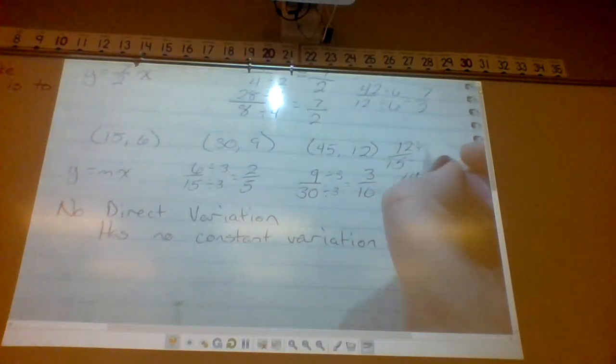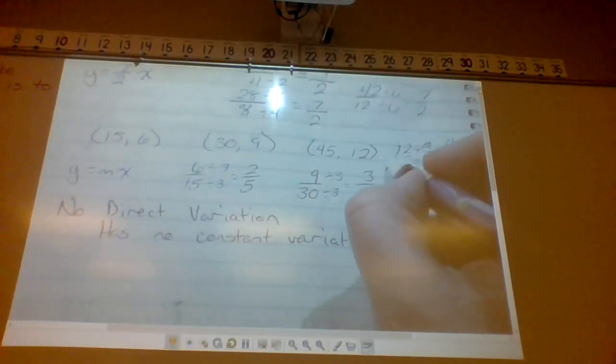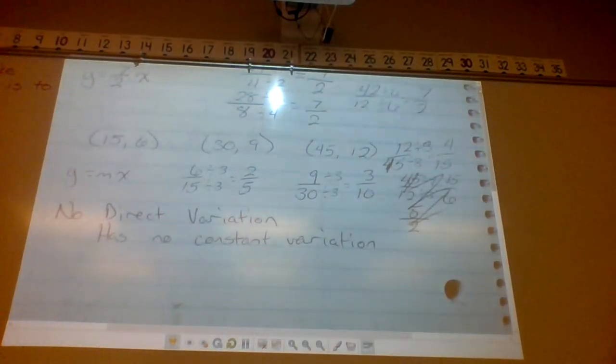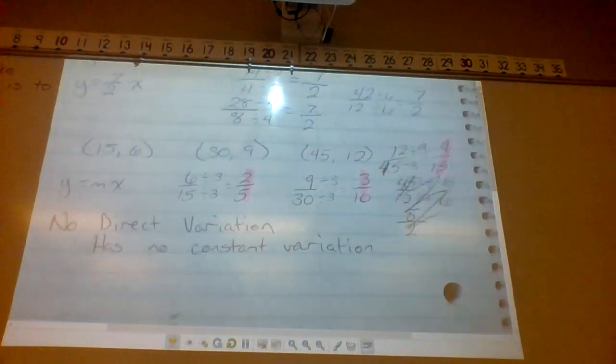Divided by 3 equals 4 over 15. Sorry, I wrote that way wrong. Thank you for saying it, so confused like that. Are those two the same? So there's no constant variation.